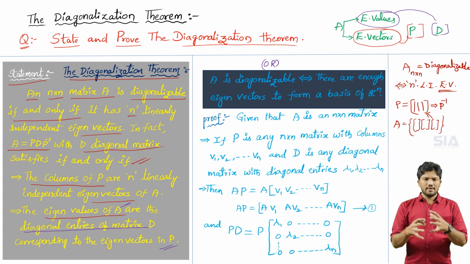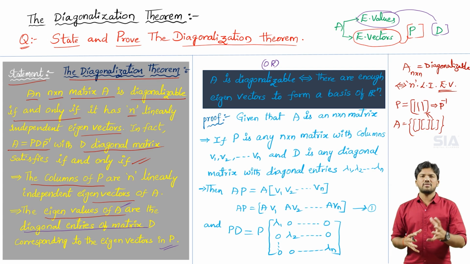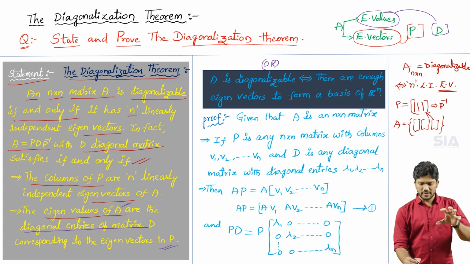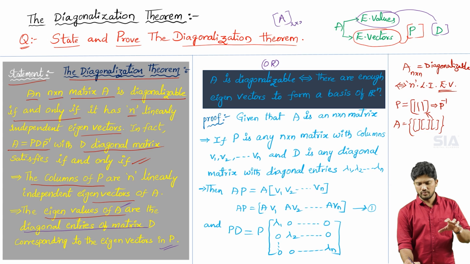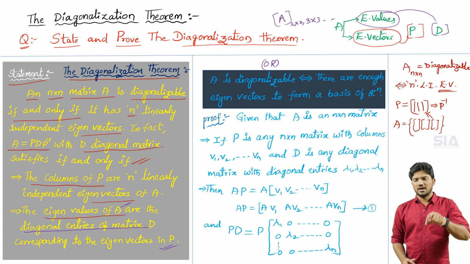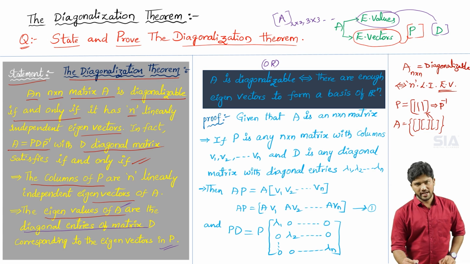In linear algebra, whenever you take a square matrix, especially a square matrix and not a rectangular matrix, of order 2 by 2 or 3 by 3, whatever it may be, if you want to say that the square matrix is diagonalizable, the condition is that the columns of capital P are linearly independent eigenvectors of capital A.